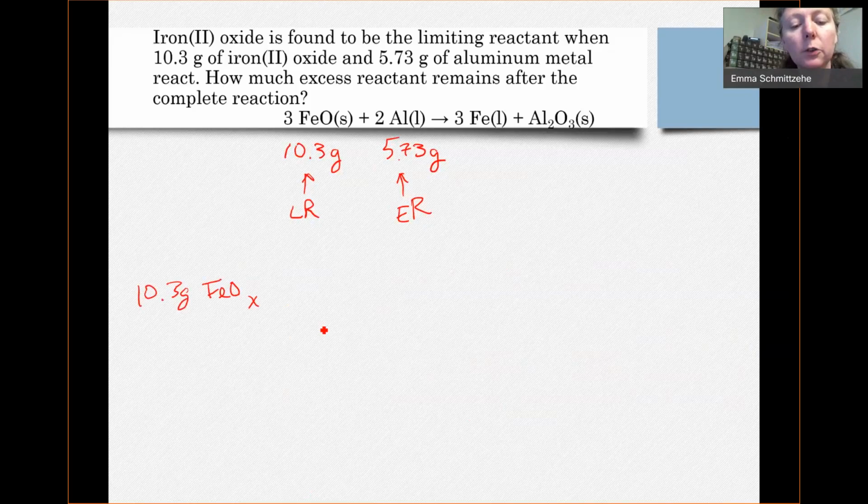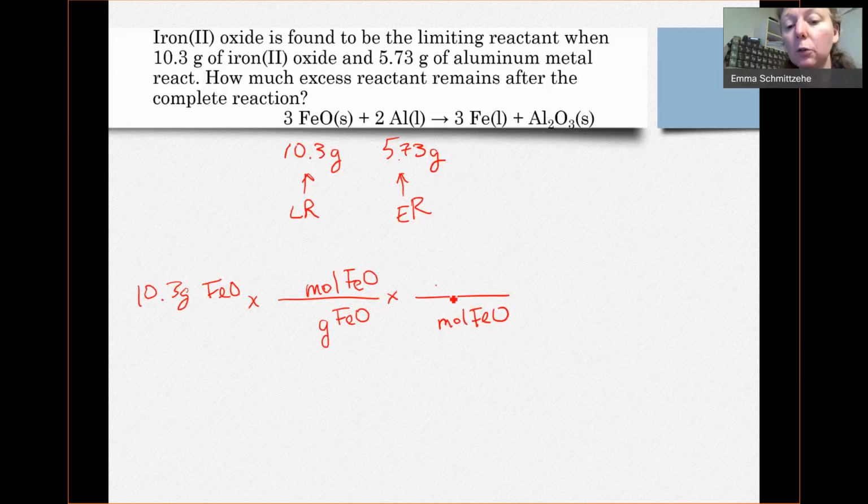Okay, so I'd convert the grams to moles first because we have to be in moles to use the balanced chemical equation. And then I would convert the moles of FeO to moles of what I'm looking for, which is the aluminum. And then I would convert the moles to grams because I have the other value in grams. So they need to be the same unit.